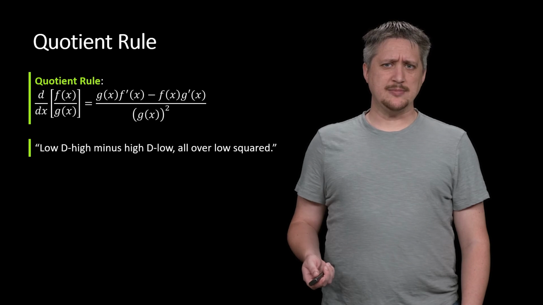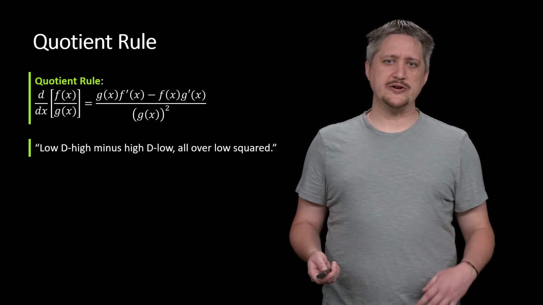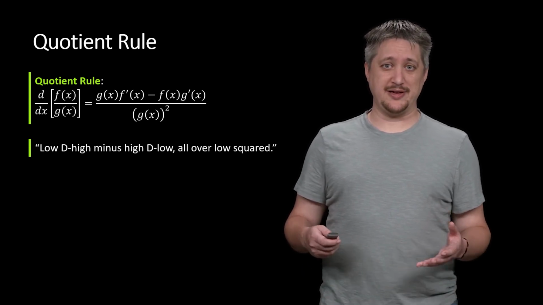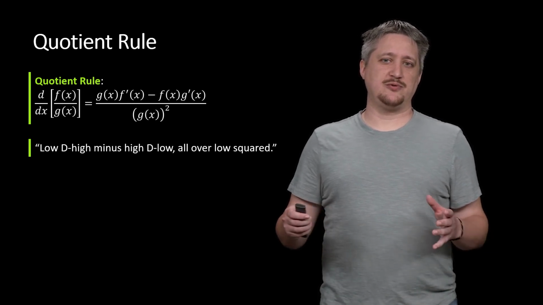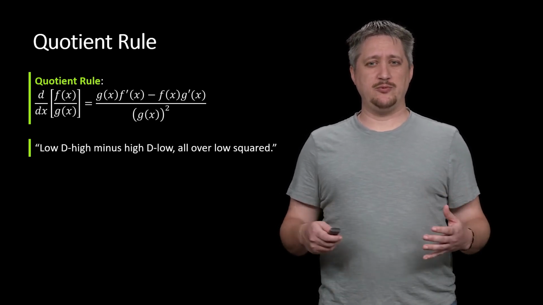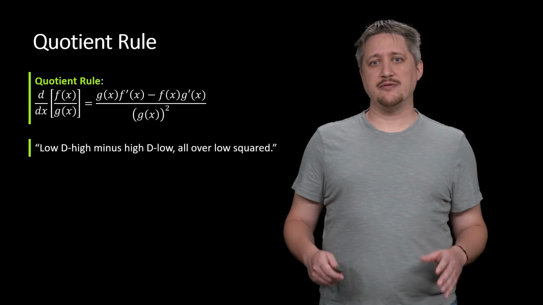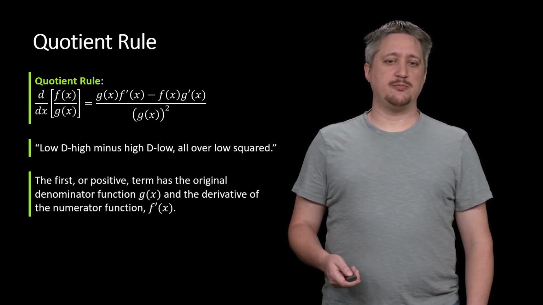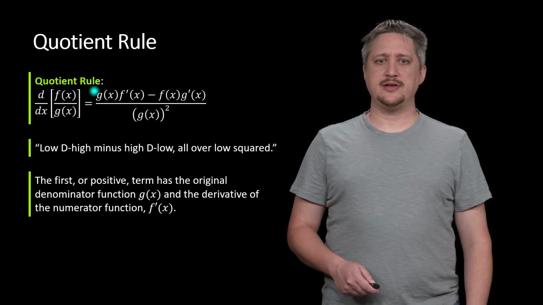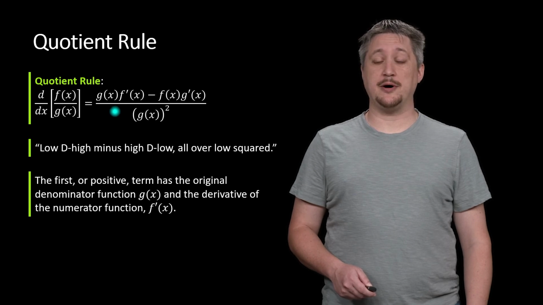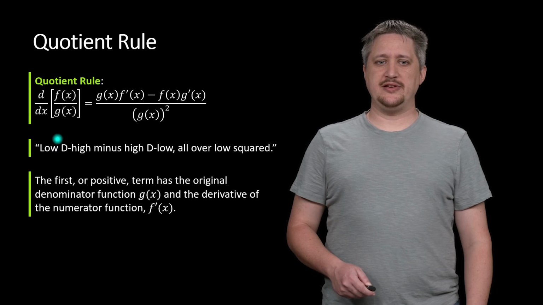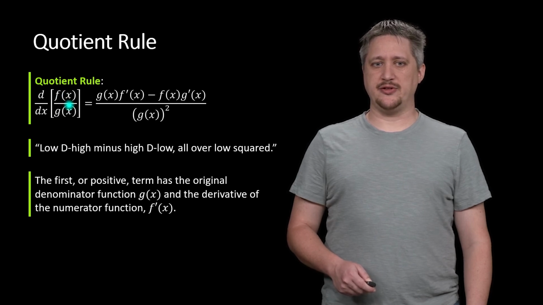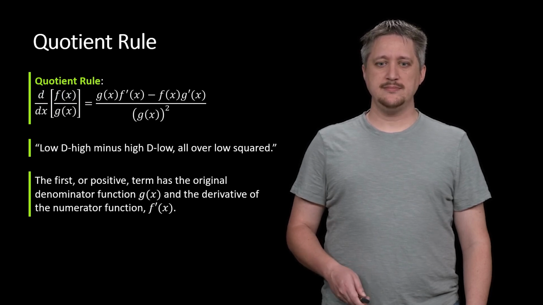Now, I'm going to point out a weird way of thinking about where everything is in here, looking forward a little bit to when we learn the chain rule, and it turns out there's another way of recovering this, and we'll talk about that in the future. But for now, I'm going to point out that this first term here, you can think of as the first term, but you could also think of as the positive term, the one that doesn't have the subtraction attached. This is the original denominator times the derivative of the numerator.